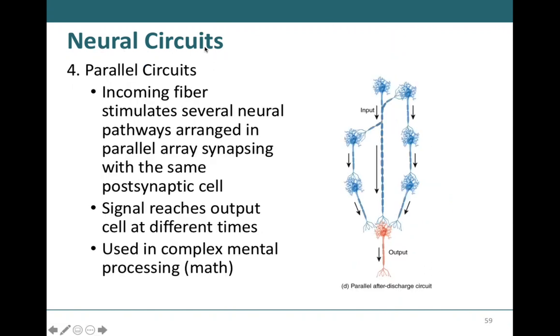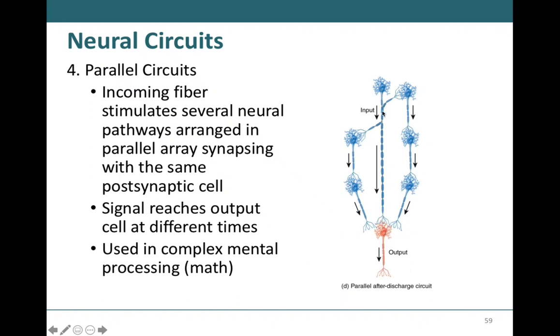Our last type of circuit is the parallel circuit. The parallel circuit takes different pathways to get to the same place. So you can see that we start at this neuron, but this neuron might have some axon collaterals here going out to this direction, and then we might have another collateral over here. And so the signal is going to be able to get sent down from this cell all the way to the output cell.